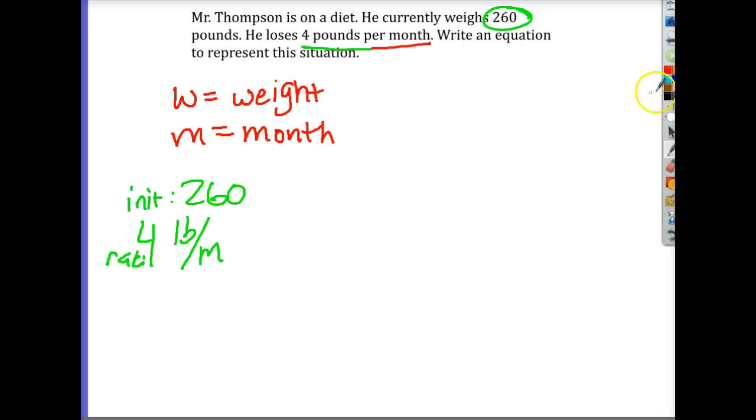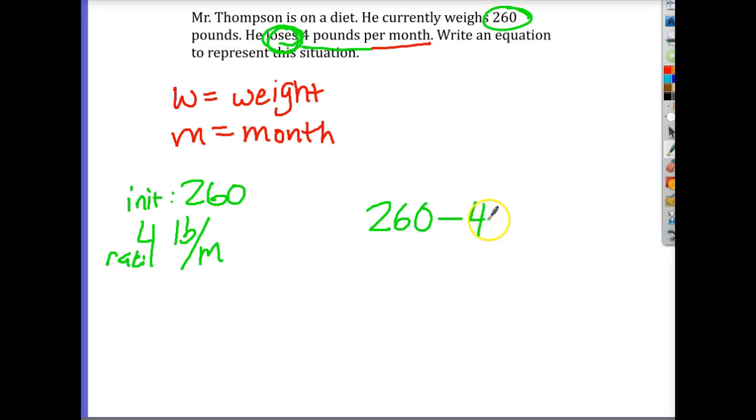If I start at 260, and then I lose 4 pounds a month, that's a little different than what we've been doing. We've been just adding this on, but this is really important right here. I lose 4 pounds a month, so I'm going to subtract 4 pounds.